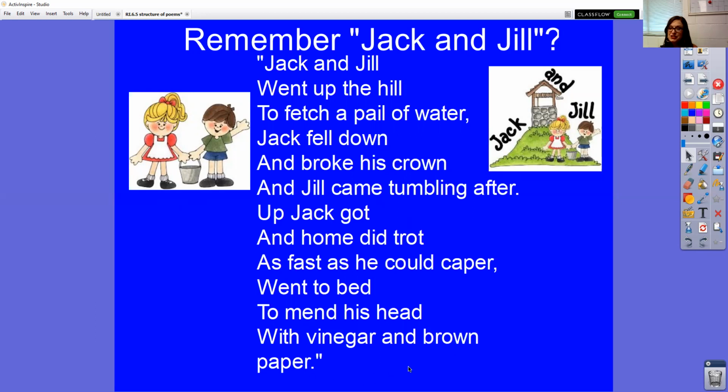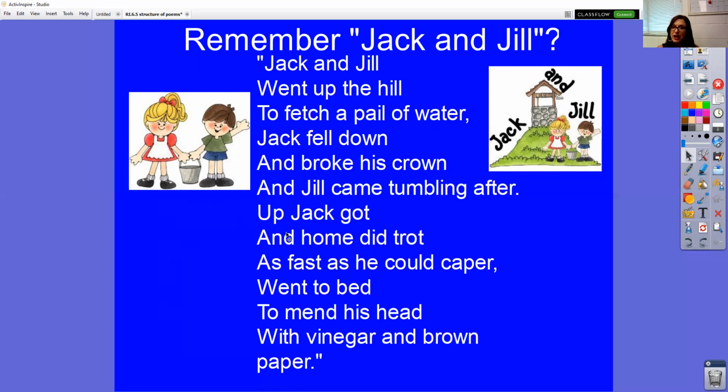So we think of this as just a simple children's poem, and it is, but there could be some deeper meanings. I was once in a college class where we analyzed the poem of Jack and Jill. If you think about it, it mentions all about Jack. He fell down. So maybe this hill is symbolic of life, and maybe when the man falls, sometimes the woman in his life might fall too.